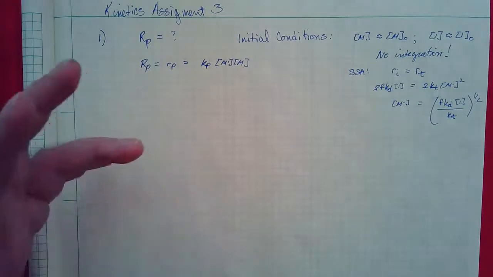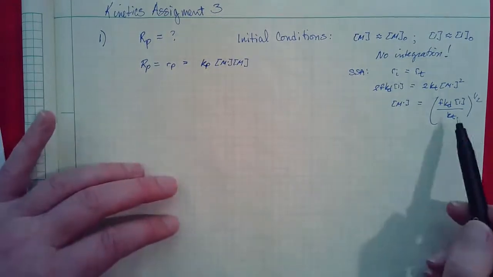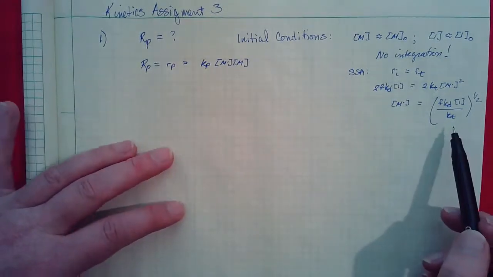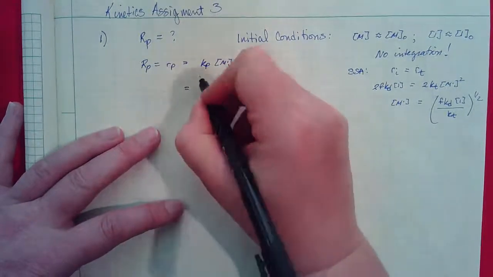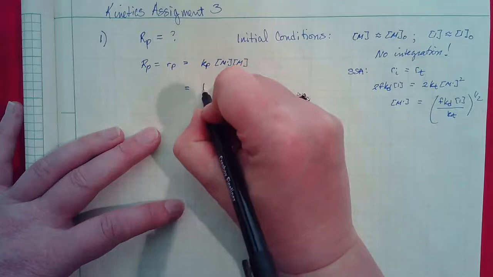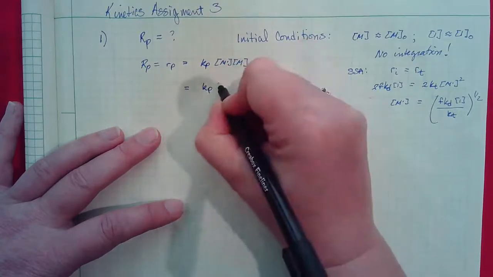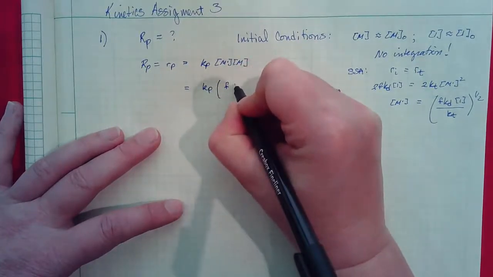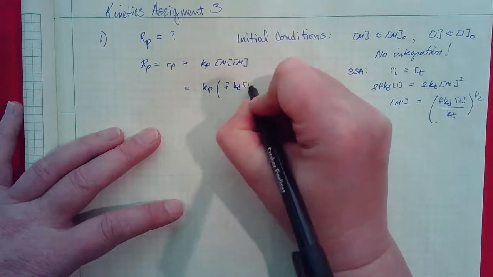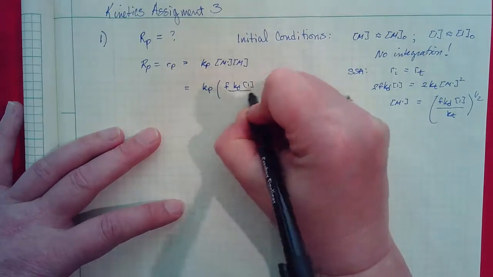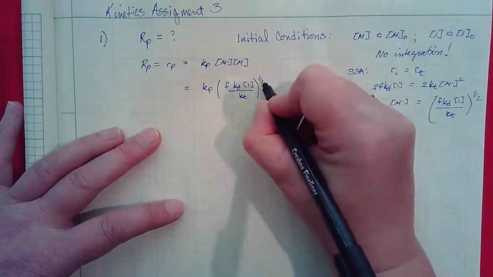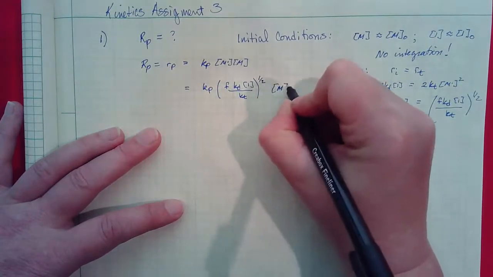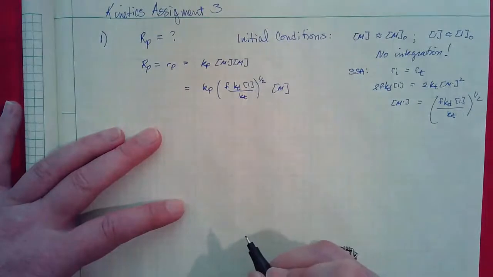Okay, we're most of the way there. This is not too hard a problem. Now I just need to plug this back in here. So I've got Kp times F Kd, initiator concentration, over Kt to the 1/2 power times the monomer concentration.